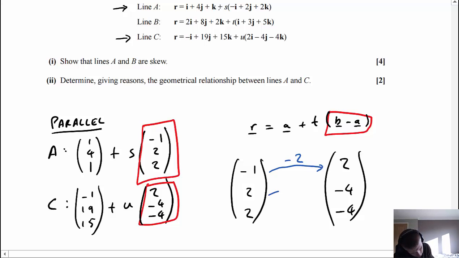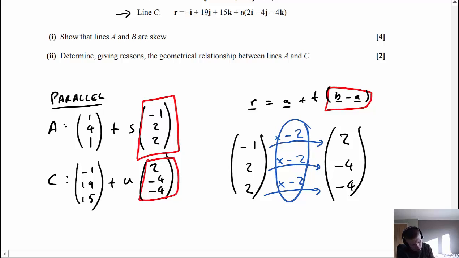Then what do I have to multiply 2 by to get -4? 2 times -2, because a negative makes it negative, and then 2 makes the 2 into a 4. Then what do I have to multiply 2 by to get -4 again? That's again multiplied by -2. So because these are all the same, they must be parallel.